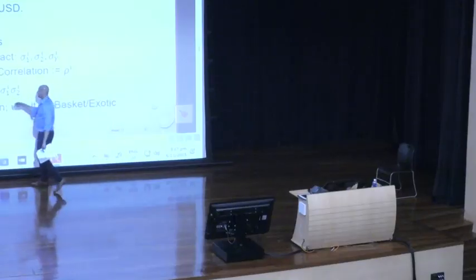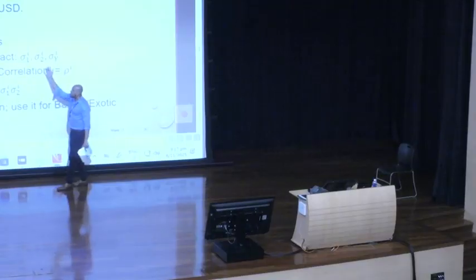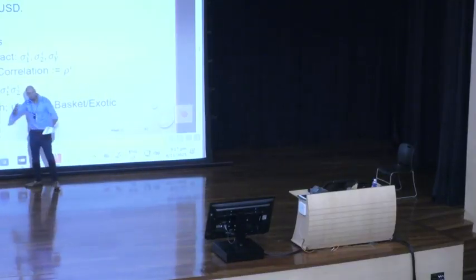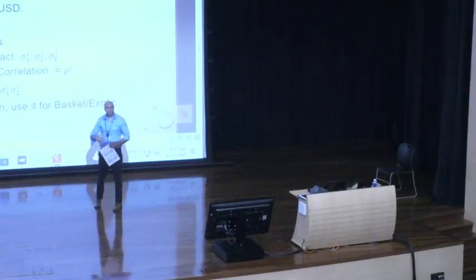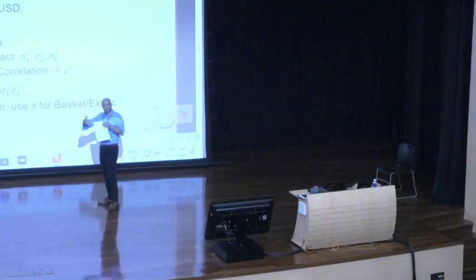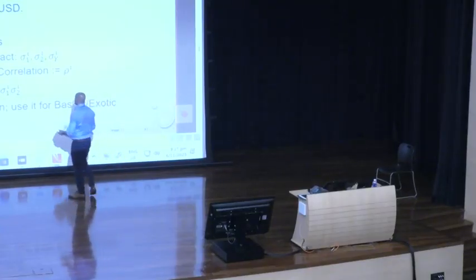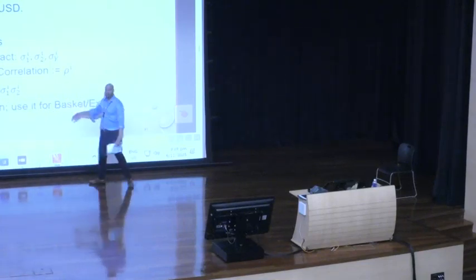If you expect two FX pairs to have positive correlation, but you do this exercise and it comes out to be negative, you know something's not quite right. Either in the market option prices or in your understanding of how the two assets truly are correlated. You can use this to extract correlations which you can then use to price basket options.